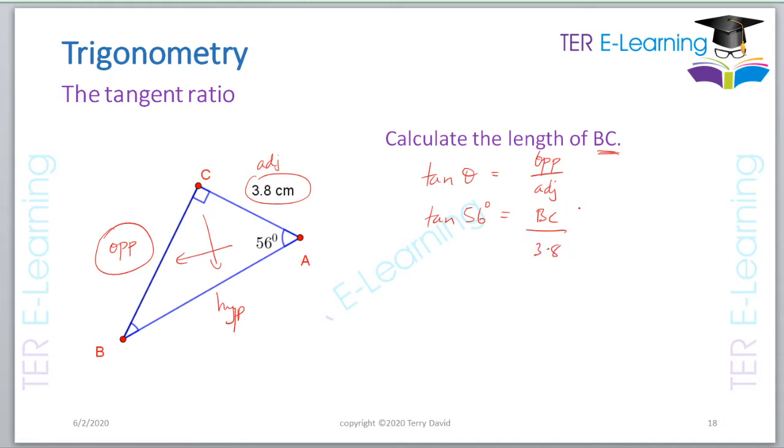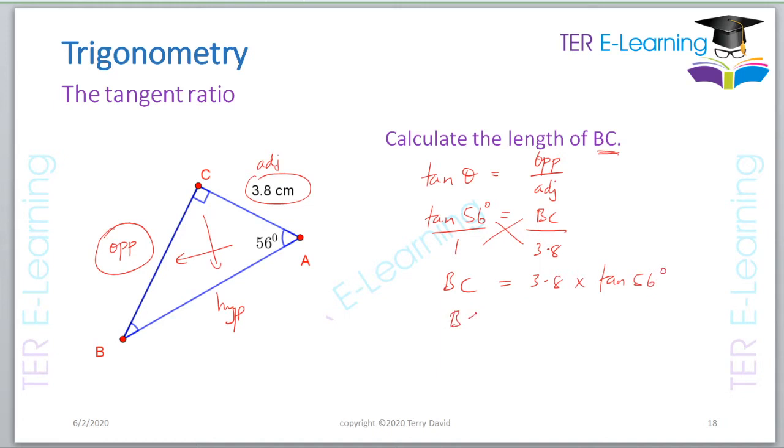Again, we know we're going to have to cross multiply. So tan 56, you can write that as tan 56 over 1. If we cross multiply, BC by 1 gives me BC, which is equal to 3.8 multiplied by tan 56 degrees.